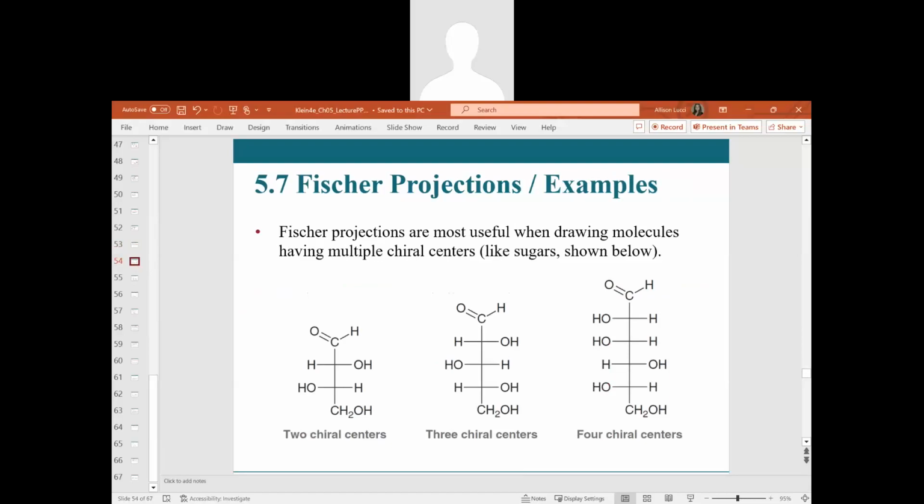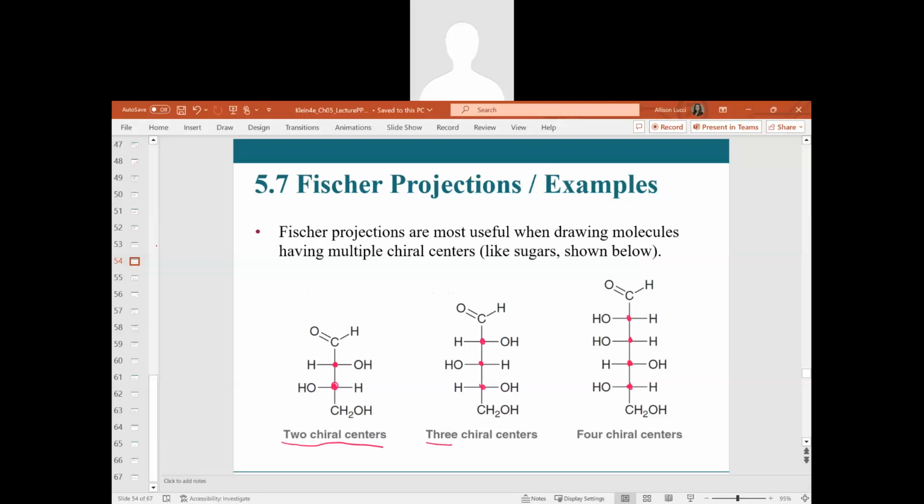We see here that the first sugar is shown to have two chiral centers: this carbon here, and this carbon here. These will both be chiral centers. Now we have three chiral centers, so all of these dots will be that. And in the last compound, we see these four chiral centers.